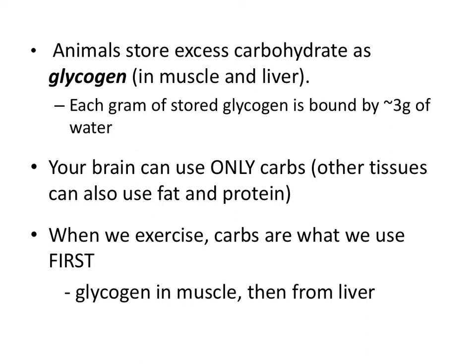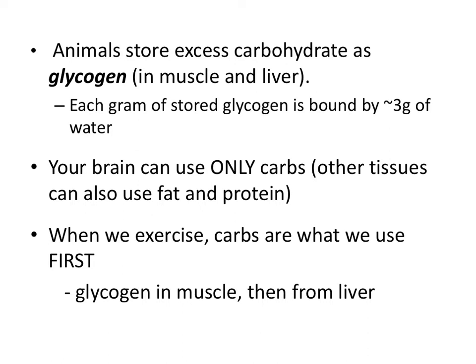Now, this is interesting. There are a lot of desert animals. In the desert, there's not much water. There's certainly very little free water, whether it's in the diet or free water just standing. And it turns out some animals actually rely entirely on glycogen for their water, because when they use it, it produces 3 grams of water that's actually bound to a glycogen molecule.